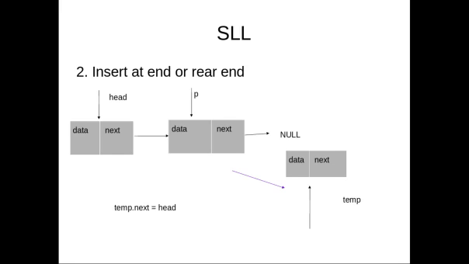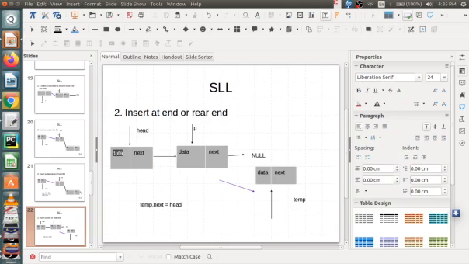Okay, so in this list there are 2 nodes. Suppose this has value 12 and this has value 17. Now I want to insert a value, suppose 20, in the list at the rear end.